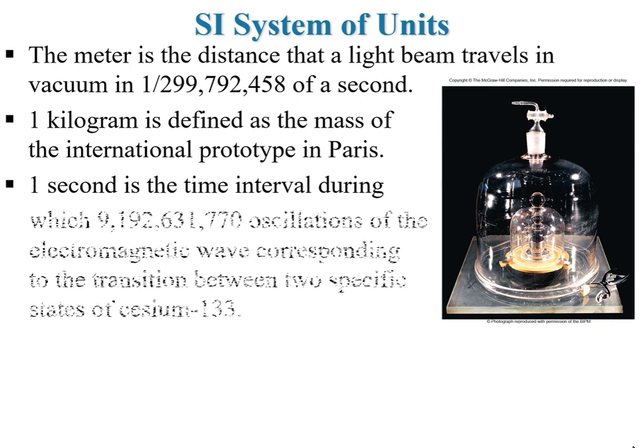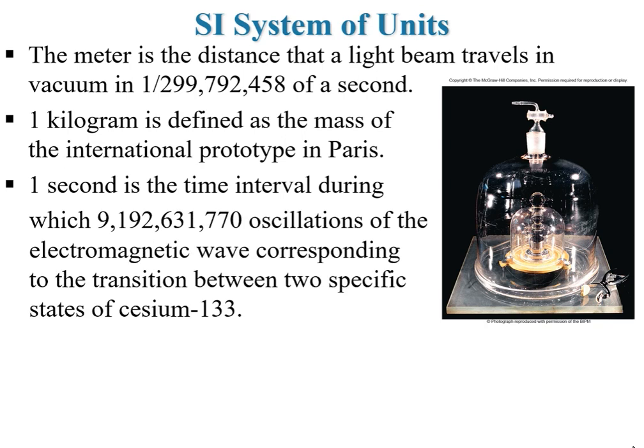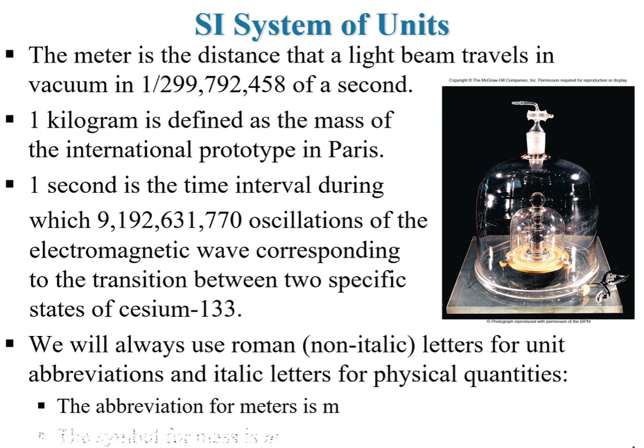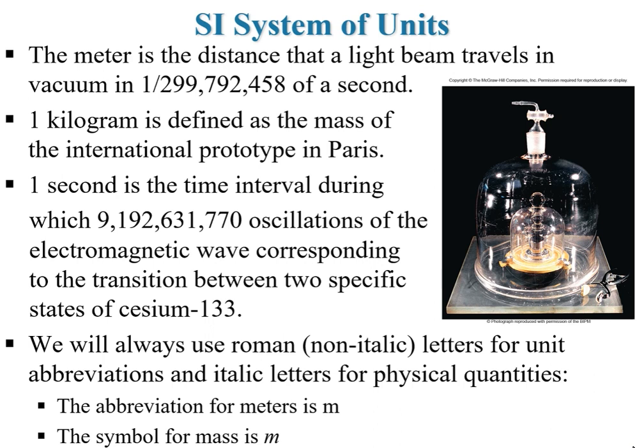One second is the time interval during which oscillation of an electromagnetic wave corresponds to the transition between two states of cesium. This mentions how our basic units were derived. The abbreviation for meters is M. For mass, it should be italicized.